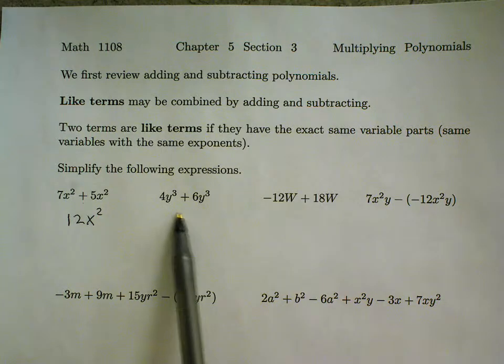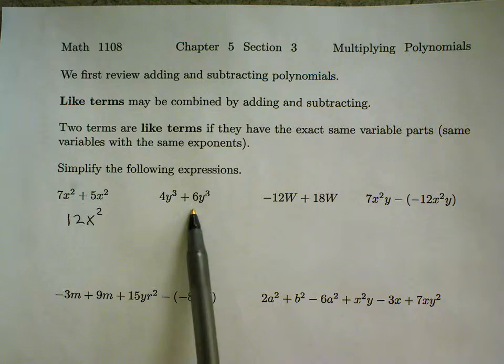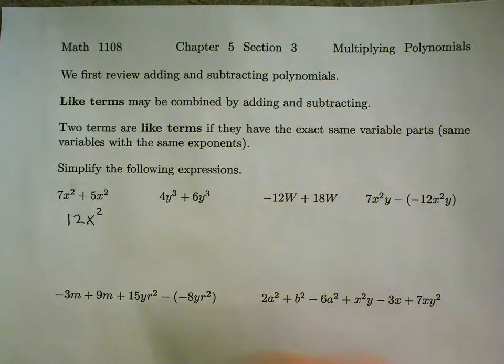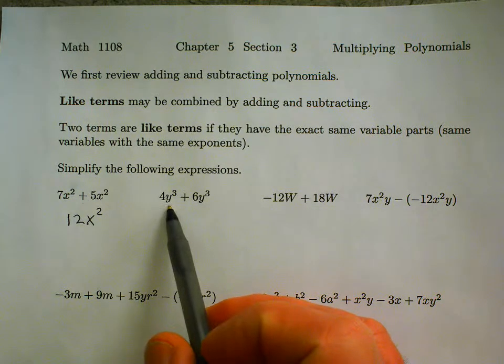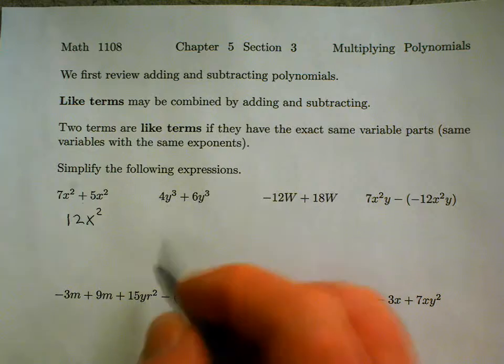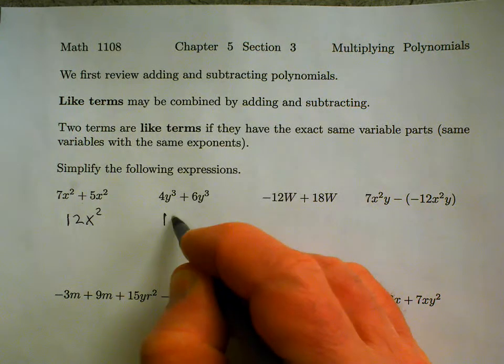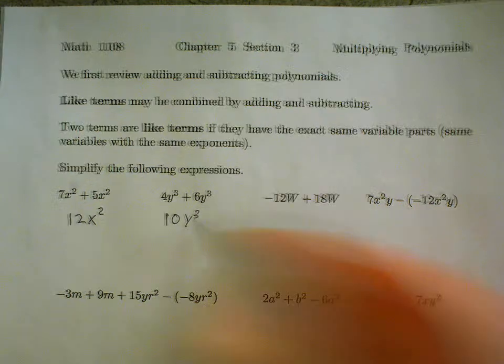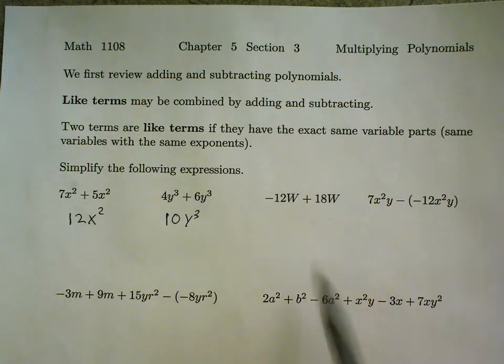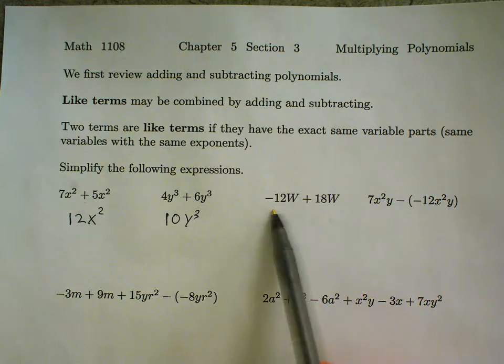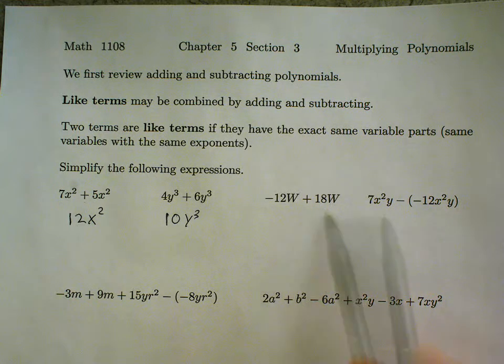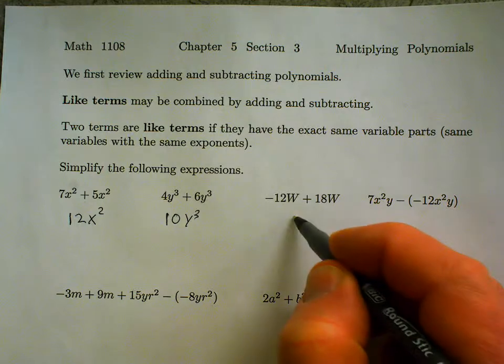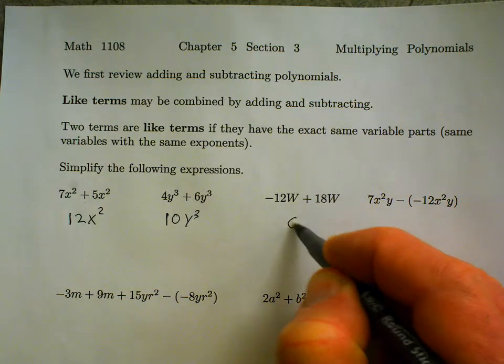Okay, the next one, 4y to the third plus 6y to the third. These are like terms, and we're adding. So we get a total of 10y to the third. The next one, negative 12w plus 18w. We get a total of positive 6w.